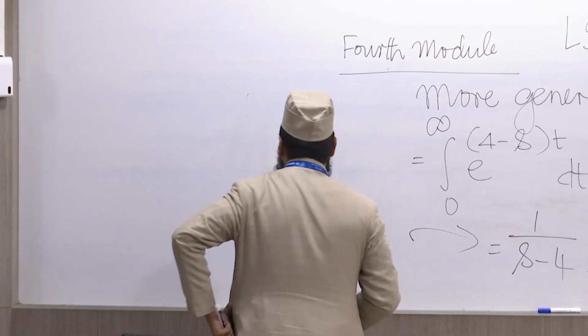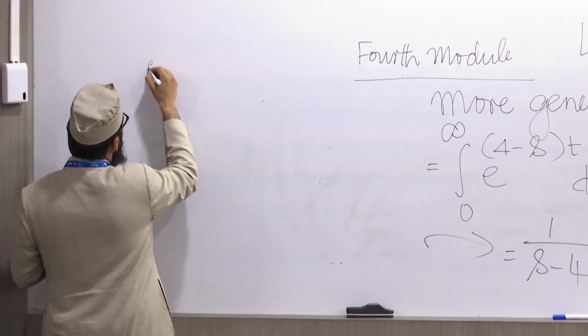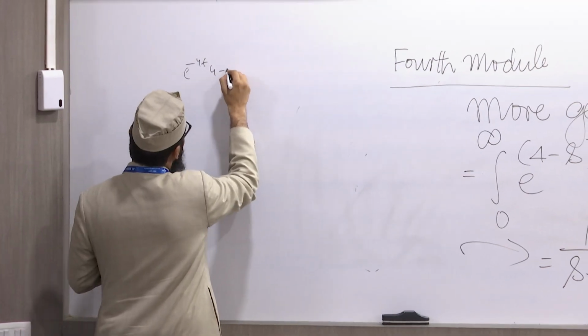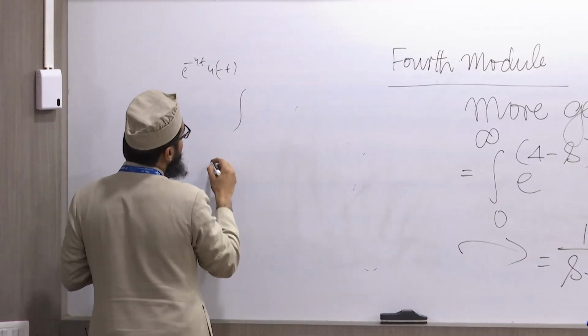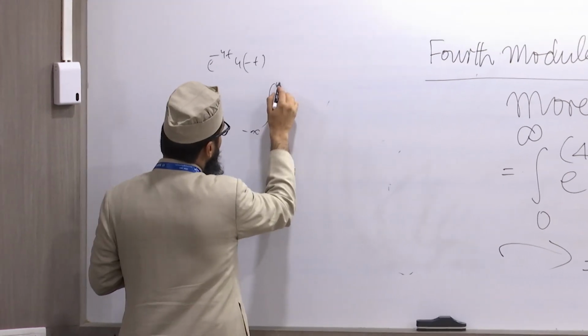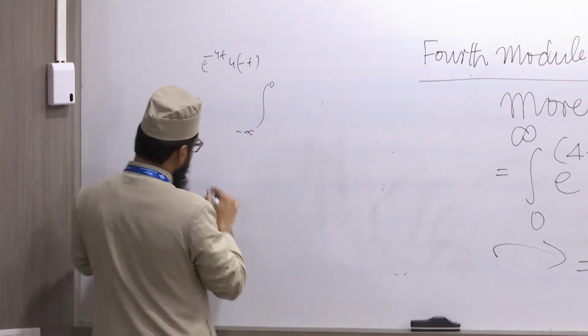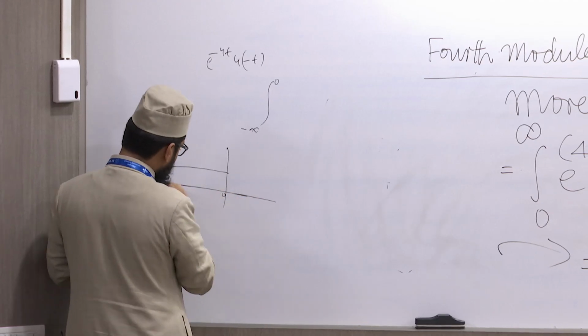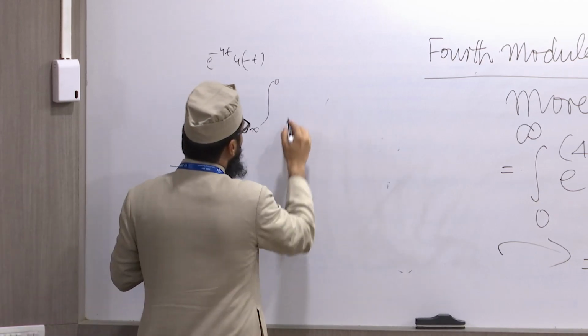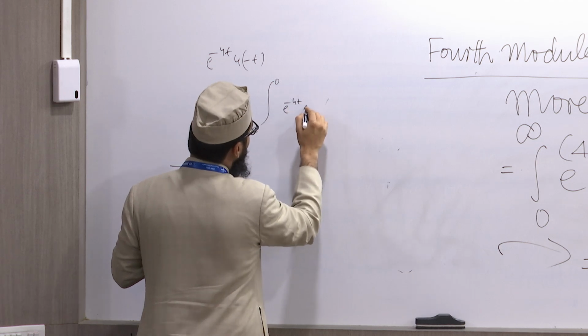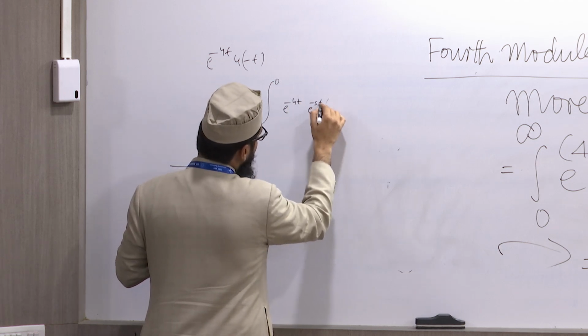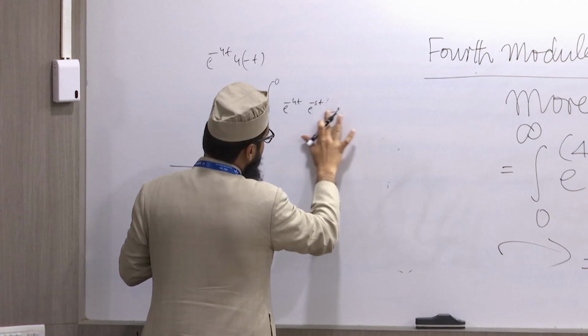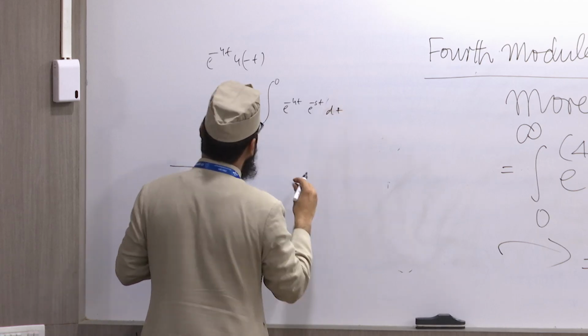But let's see. If we have e to the power minus 4t u of minus t, now the integral will go from minus infinity to 0, because u of minus t is a step function that is nonzero only from minus infinity to 0. So now we have e to the power minus 4t, times e to the power minus st, times u of minus t, dt.